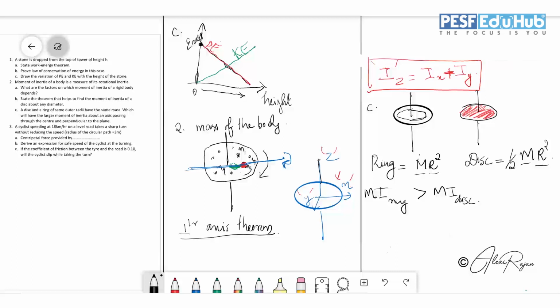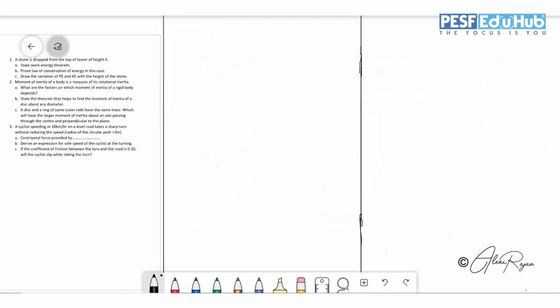Now moving to the third question. A cyclist speeding at 18 kilometers per hour, that is, velocity is equal to 18 kilometers per hour, on a level road takes a sharp turn without reducing the speed. The radius of the circular path is 3 meters.